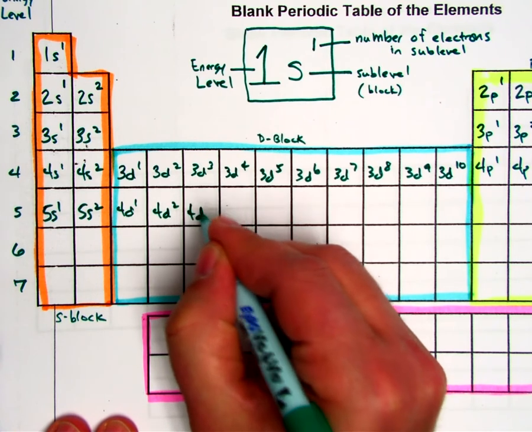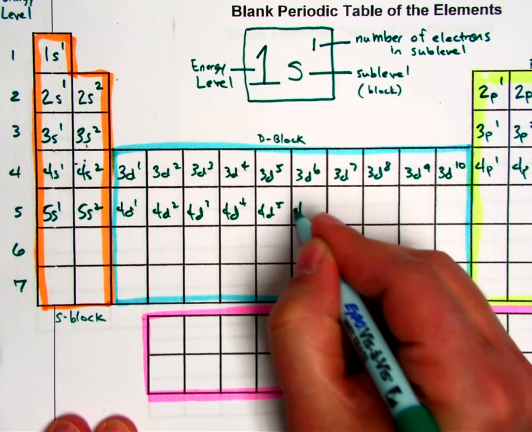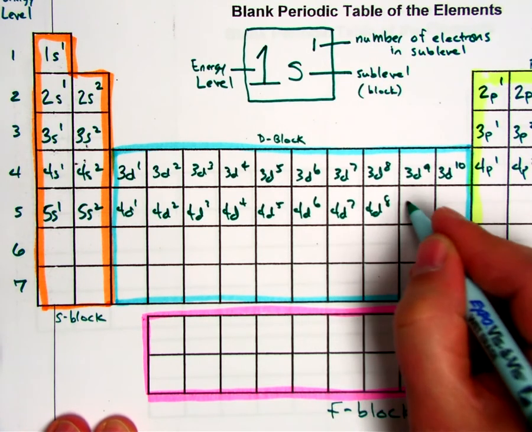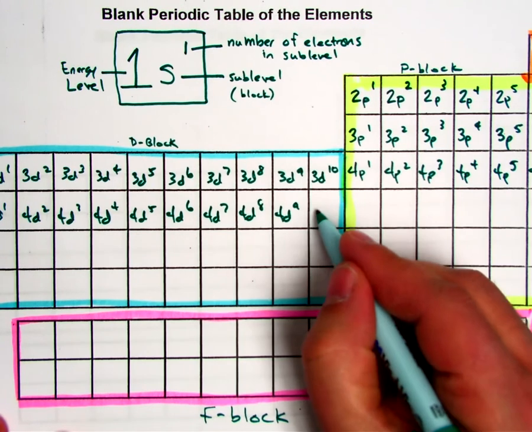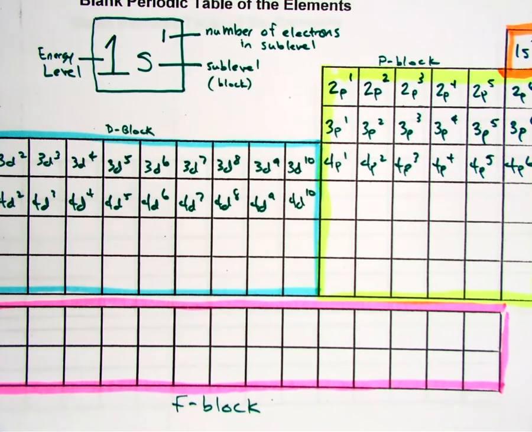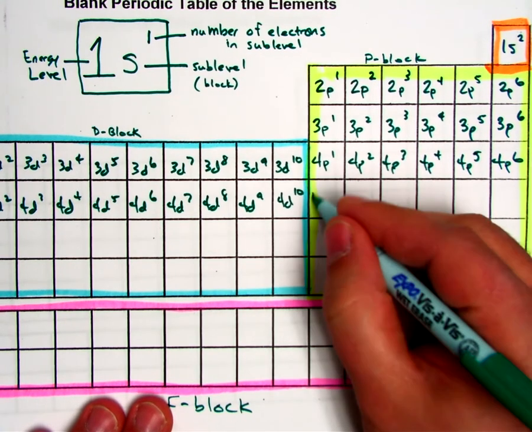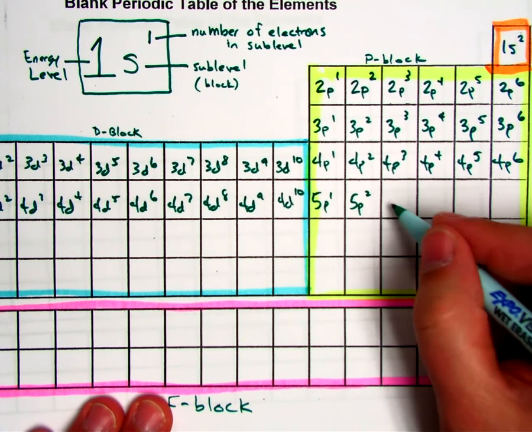You're going to go all the way from left to right, coding each one as you go. And can we predict what our next element would be in P block? Yes, 5p1, and code all the way to the end of P block.